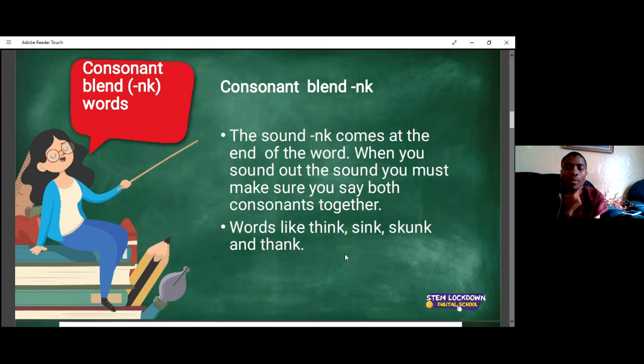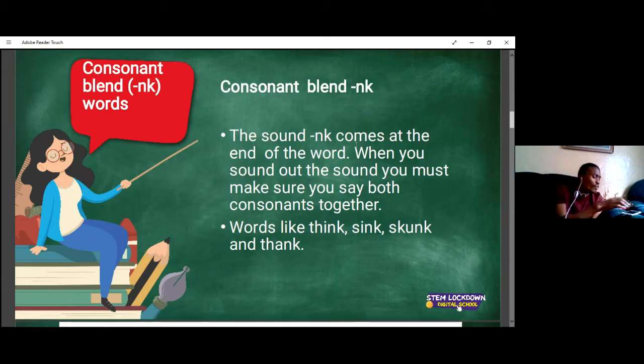You must say both of them together. They blend together. You hear? Thank. You say the word together. The blend. You must sound it out together. That's why we're doing the nk sound.